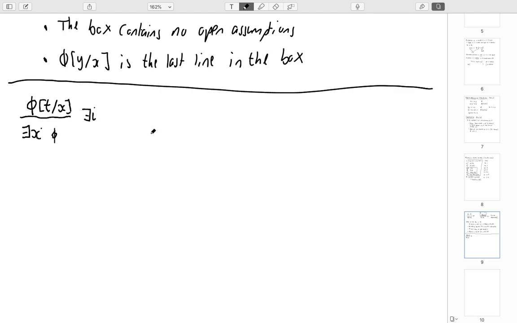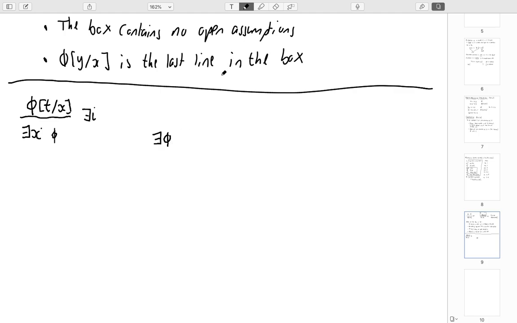Suppose we've proved, or assumed, that there exists an x. Suppose we have in our proof, in the current state of the proof, the formula there exists an x such that phi holds.